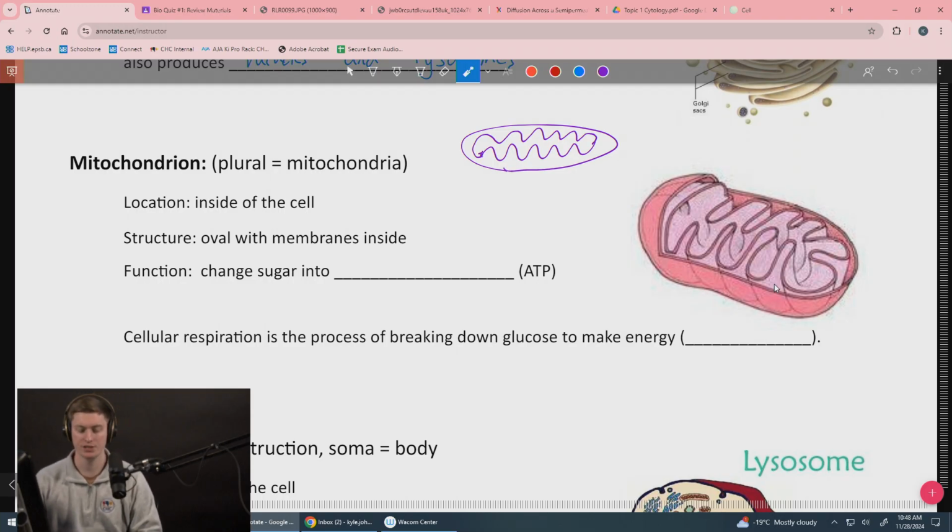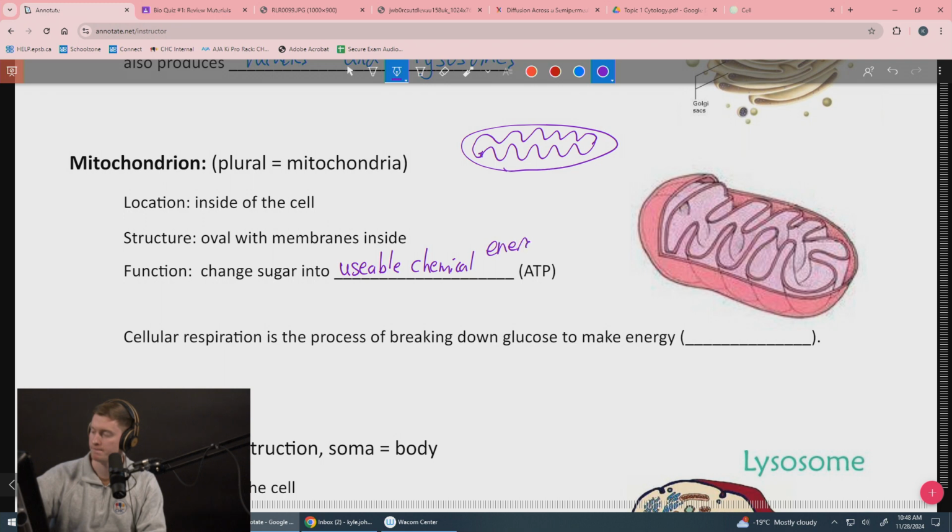Its function is going to be to change sugar as well as other materials that you can respire into a usable energy form. I'm going to say here, usable chemical energy. ATP is usable chemical energy.